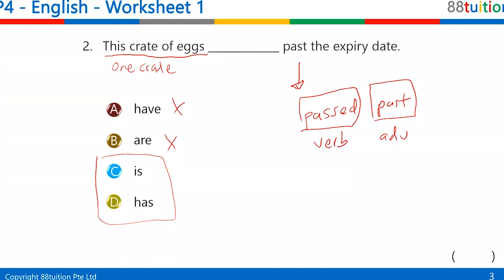Okay. Here is, you cannot say I walked past the teacher's room. I passed the teacher's room. Right. So here this crate of eggs is past. Okay. If you want to use has, then it will be has passed. It has passed the expiry date. Like I have passed the teacher's room many times.